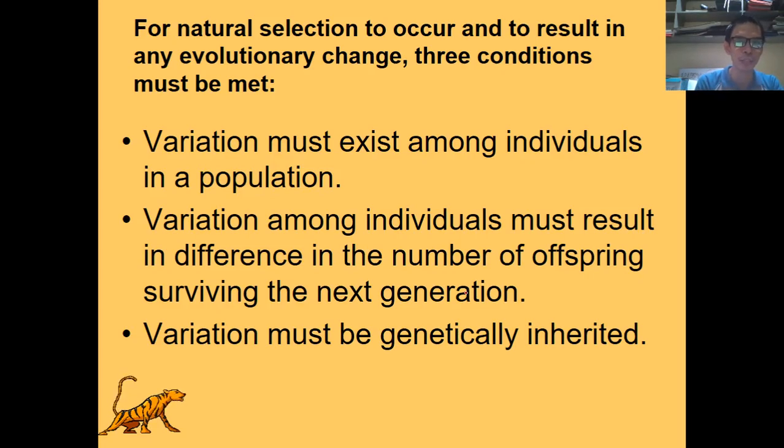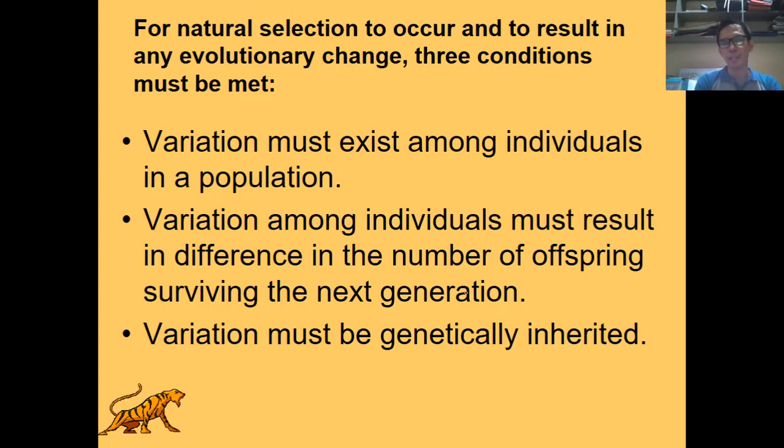The number of offspring should be greater, and aside from that, the number of offspring that will survive to the next generation should be at least greater than those who will not survive. So meaning to say, more survivors than deaths.